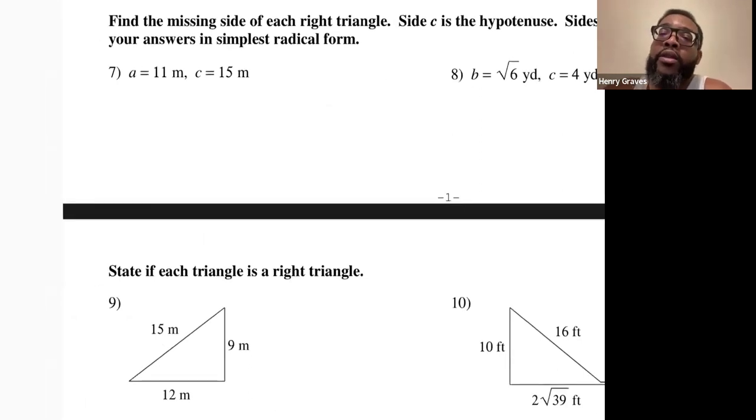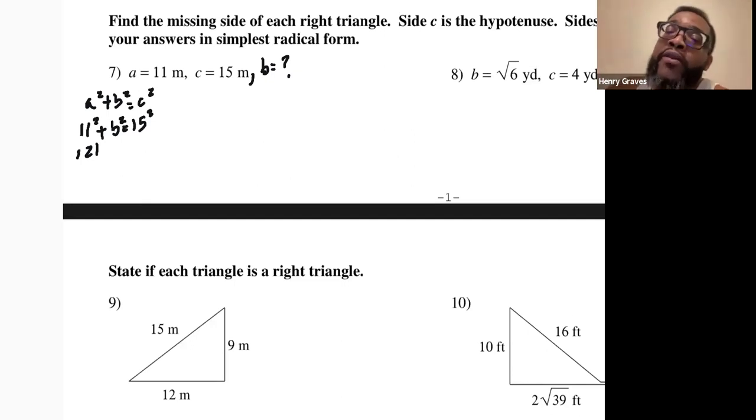So again, I use the formula A squared plus B squared equals C squared. 11 squared plus B squared is equal to 15 squared. I know that 11 squared is 121. I know that 15 squared is 225.